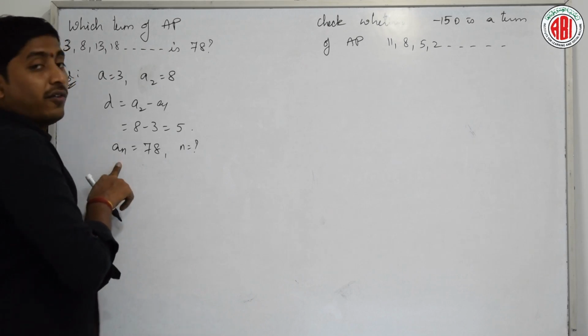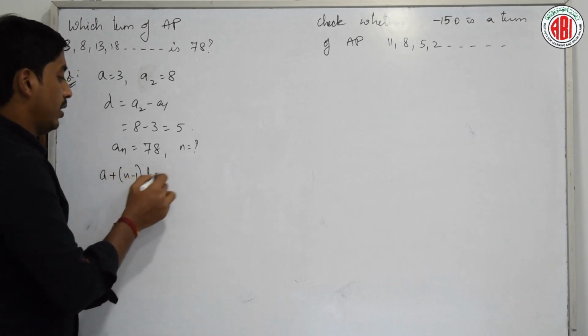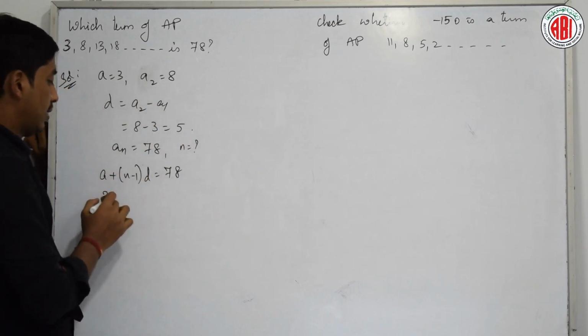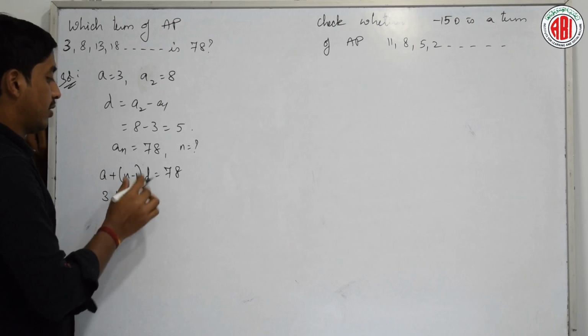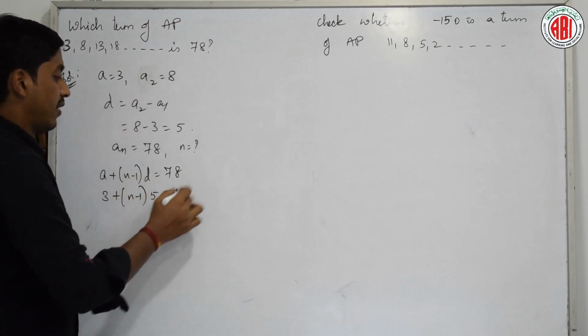What's the formula for an? a plus n minus 1 into d, that is 78. What is a? a is 3 plus n minus 1 into, what is d? d is 5, that is equal to 78.